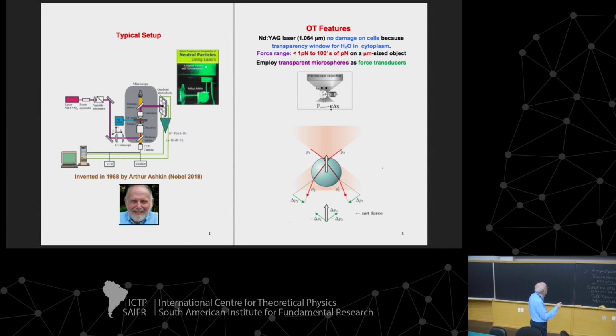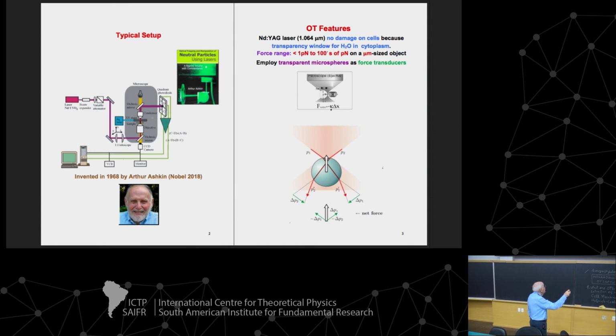Now, here is how the gradient force makes this microsphere be attracted. What happens is that if you take the rays that the laser beam has at its boundaries, take an example here.